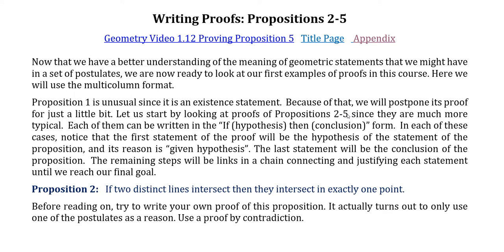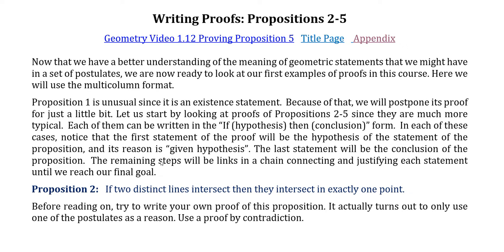So here's what I'd like you to do: see if you can write the proof of this yourself. You can only use the postulates that we've used so far. This one doesn't depend on any earlier proposition. So again, you can go back to the appendix or earlier in the notes, either one, to see the list of postulates that we can work with.